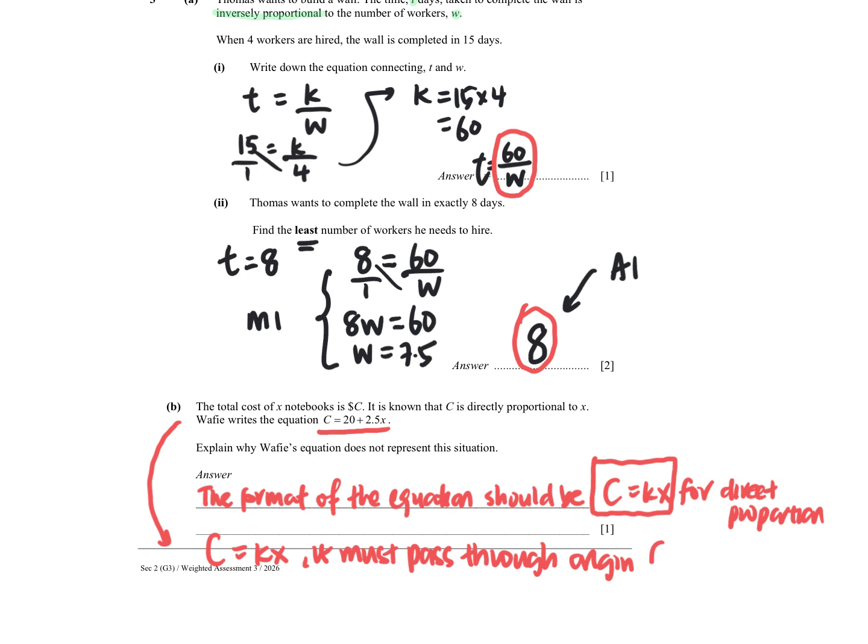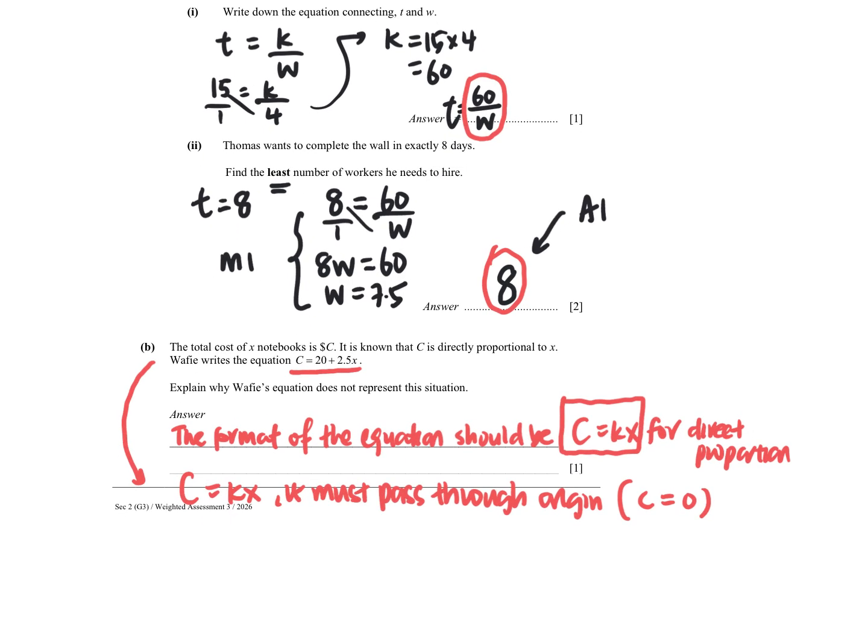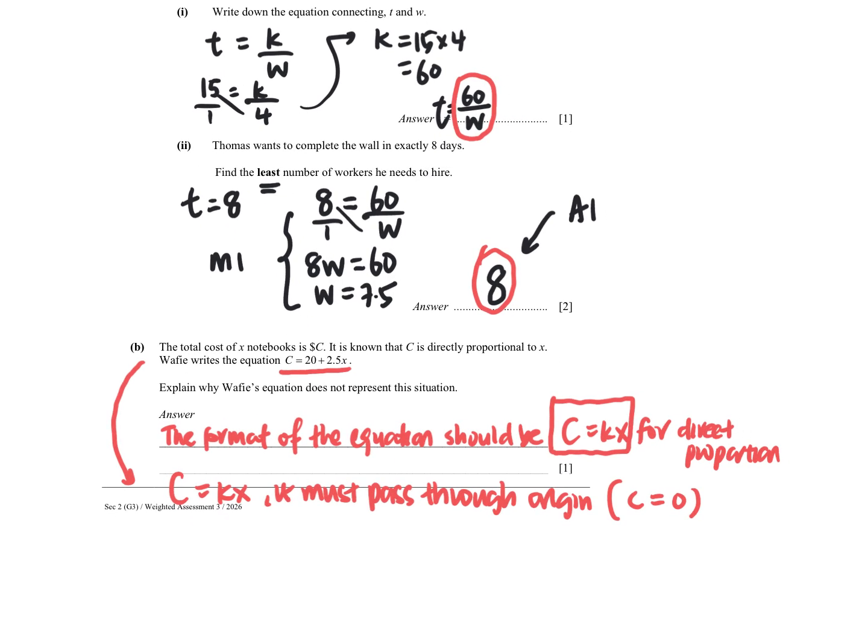Okay, or you tell me the y-intercept must be 0. Then I would have given you the mark also. So either case, as long as your explanation tell me either one, you will have gotten the mark. Okay? Next one.